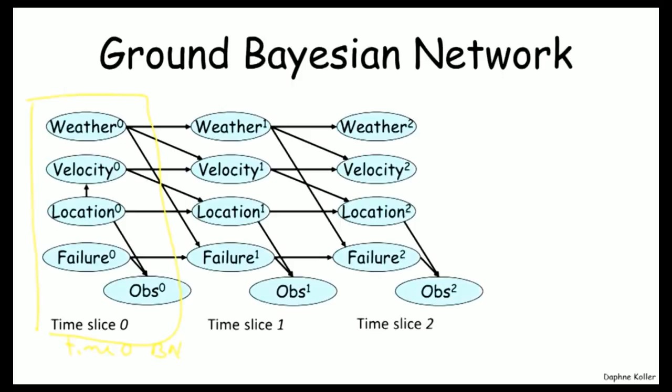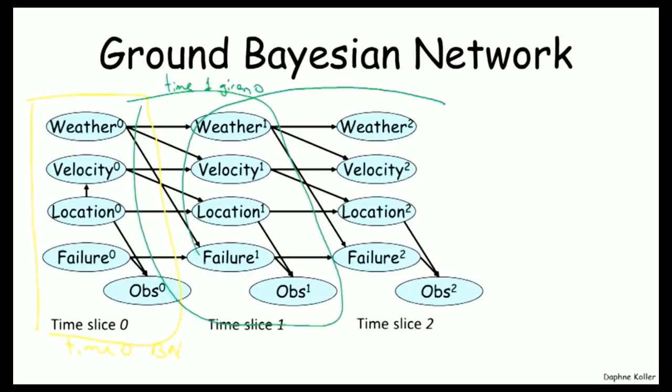And now we have a bunch of copies that represent the probability distribution at time 1 given time 0. And here we have another copy of exactly the same set of parameters that represents time 2 given time 1. And we can continue copying this indefinitely, and each copy gives us the probability distribution of the next time slice given the one we just had, and so we can construct arbitrarily long Bayesian networks.